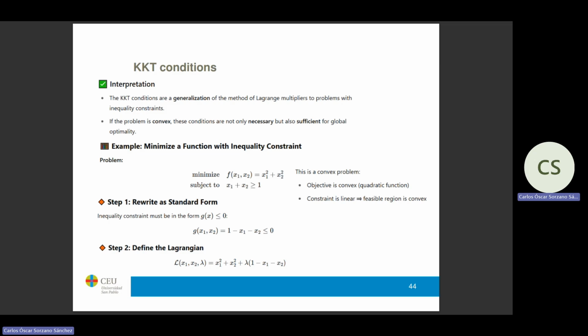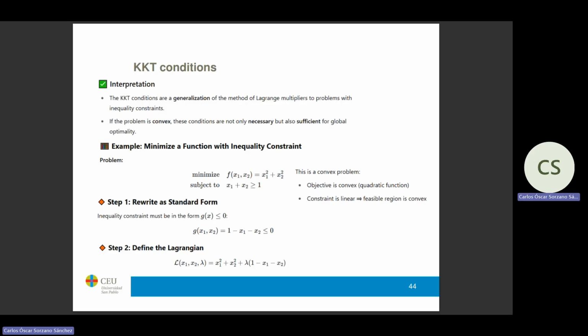So first we have to write the constraint in this form, something smaller than zero. So take all this part, the right hand side, and then we have 1 minus x1 minus x2 is smaller than zero. Now we have written the constraint in the form g is smaller than zero.